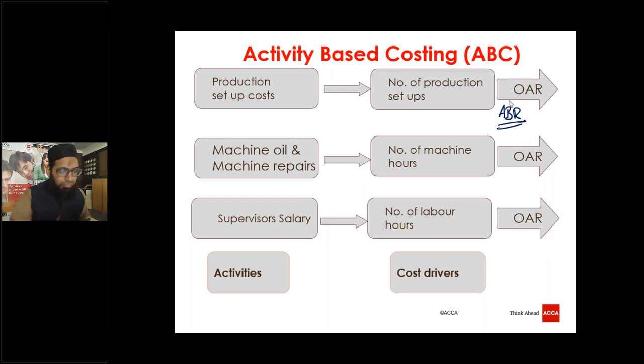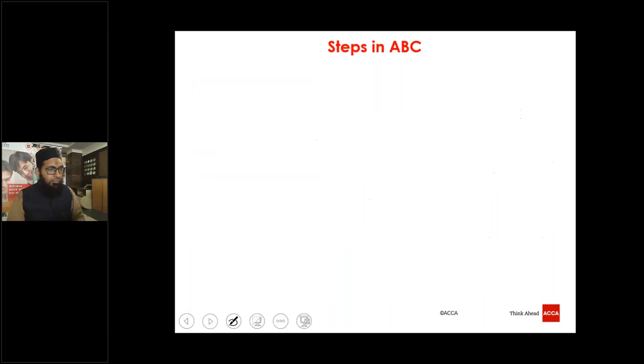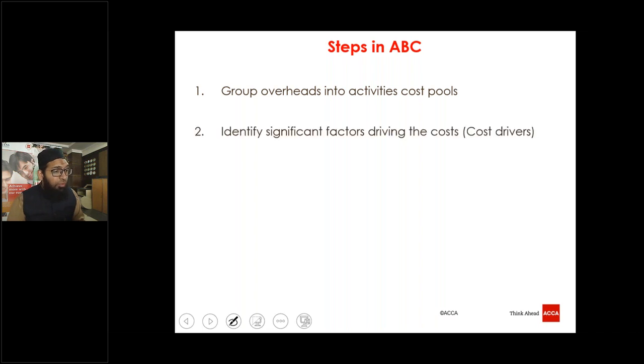Now, let's see how to perform these steps while solving activity-based costing. The first step is to group overheads into activity cost pools. Then we identify significant factors driving these costs, and these are known as cost drivers.